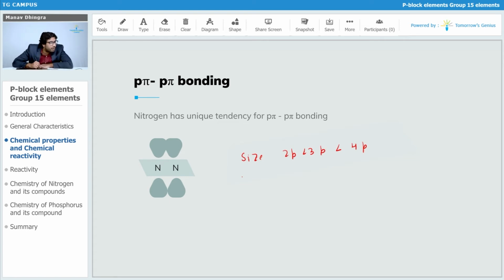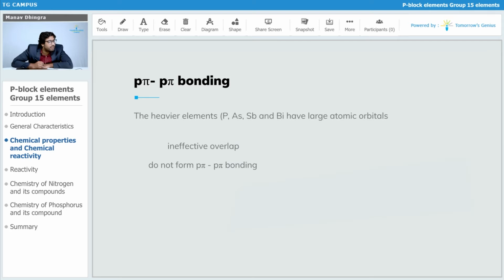Then, if I give you the next example: why can nitrogen not show allotropy? Why can nitrogen not show catenation?